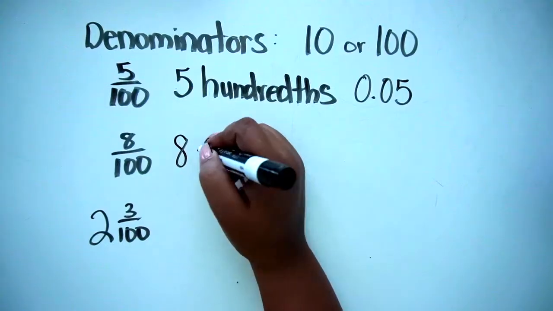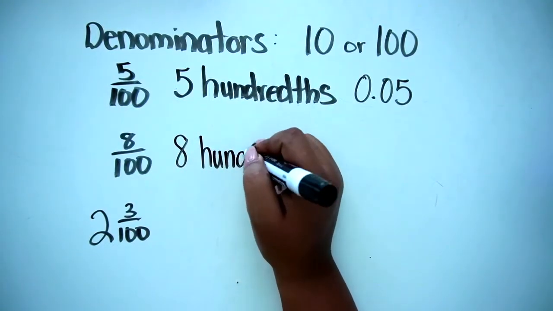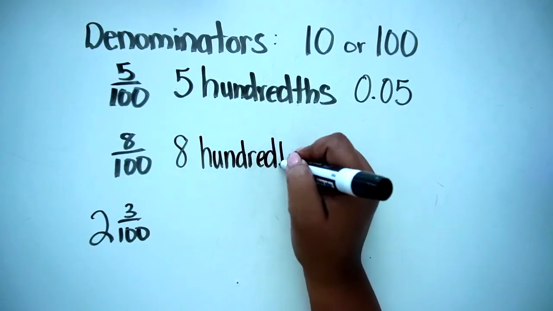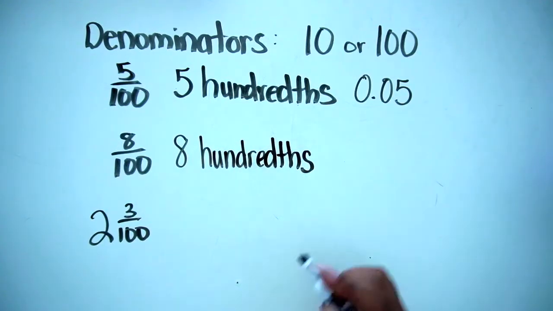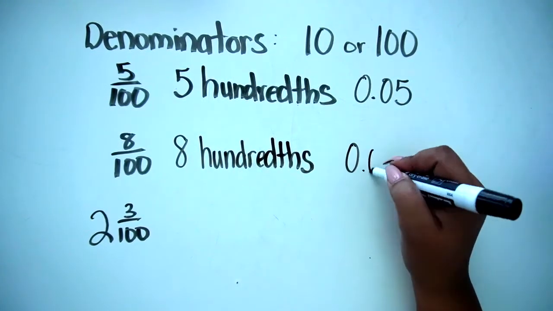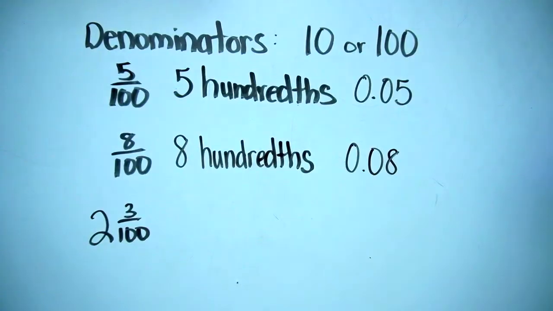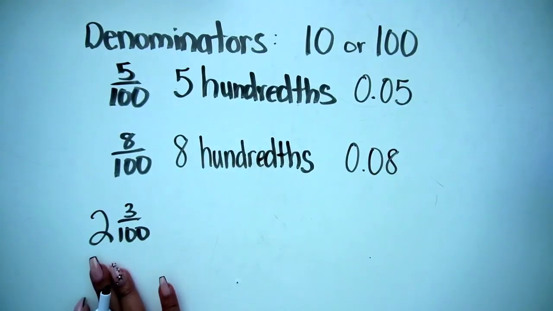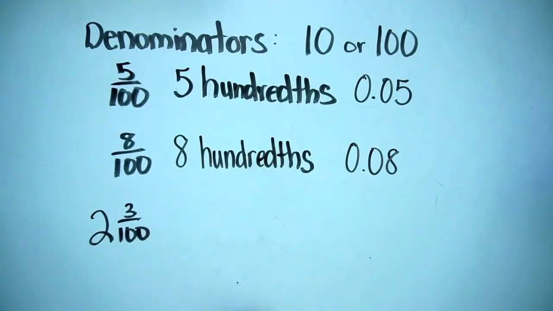8 hundredths. No ones, no tenths, but 8 in the hundredths place. Here, 2 and 3 hundredths.